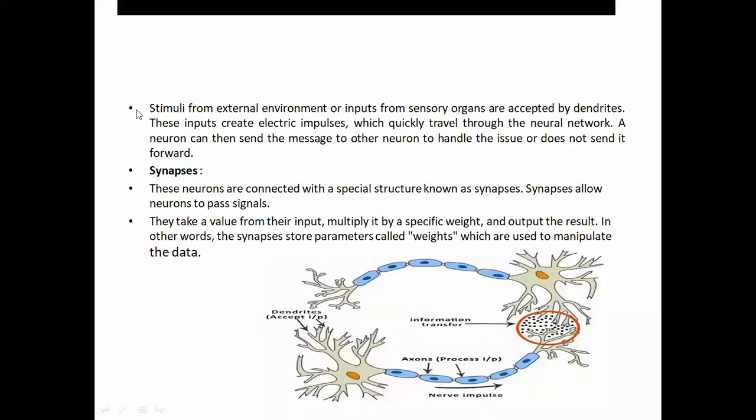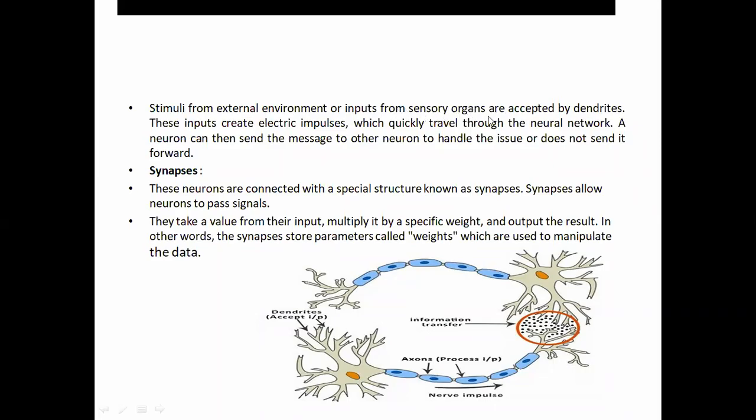Actually the signal from the external environment, or from our sensory neurons, goes to the brain, and in the brain it is accepted by the dendrites. So, stimulus from the external environment or inputs from the sensory organs. I hope this is okay.